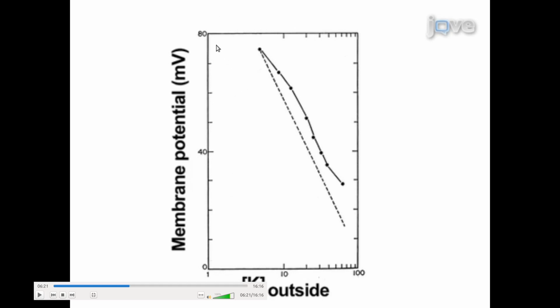So they're going from negative 80 up to 0. You can see the membrane potential is increasing roughly linearly, and the dotted line is the predicted resting potential based on the equation we saw at the beginning.